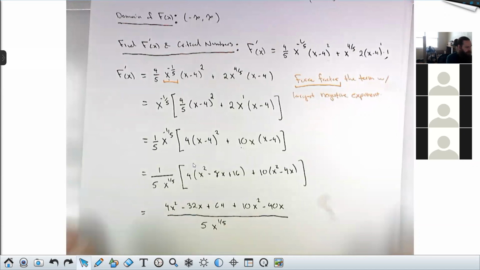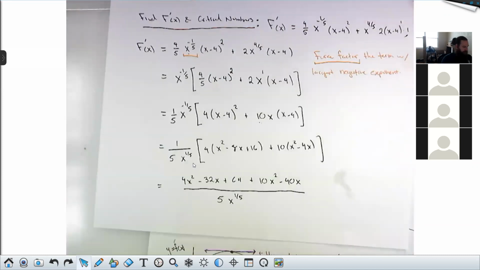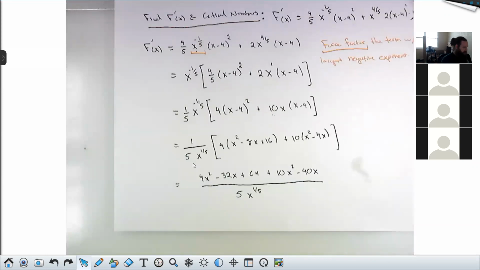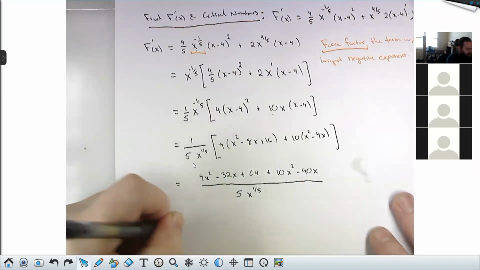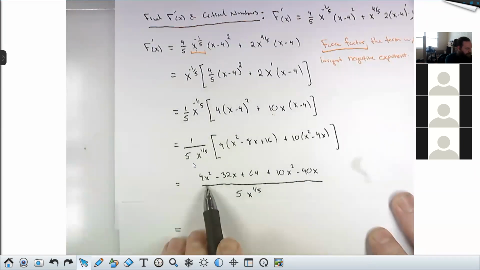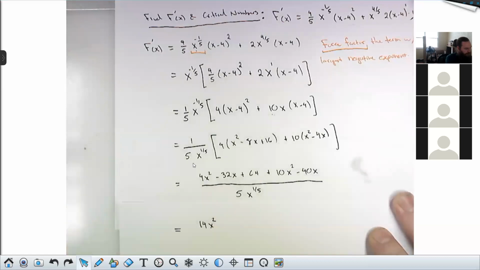Now we can combine our like terms. I have a 4x squared plus 10x squared, that's 14x squared.